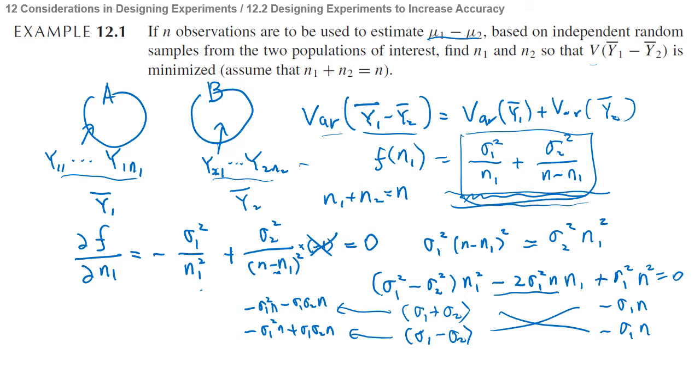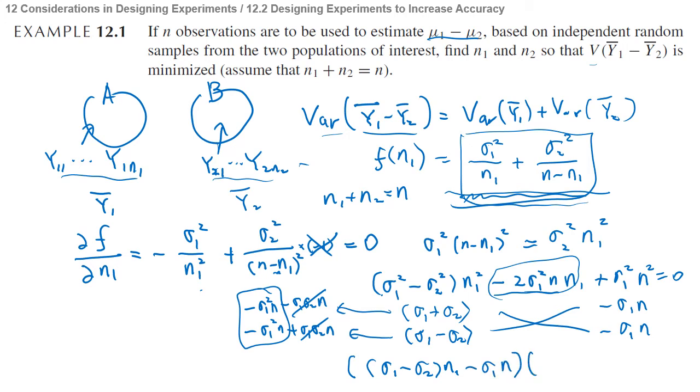If you add these two, this one cancels, and the sum of these two becomes this thing. So we can write it as (sigma 1 minus sigma 2) n1 minus sigma 1 n, times (sigma 1 plus sigma 2) n1 minus sigma 1 n equals 0.